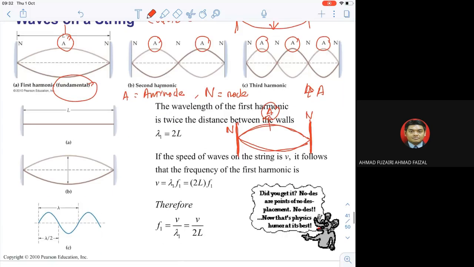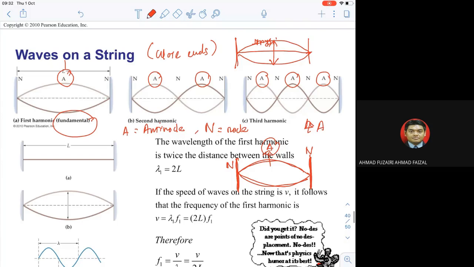We will see a lot afterwards, we will see the equations afterwards. But I want you to be able to look at the figure and know how many harmonics it is. If you have five antinode points, then the harmonic should be the fifth harmonic.